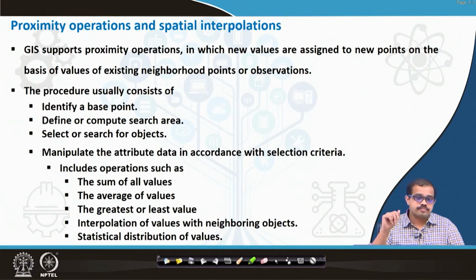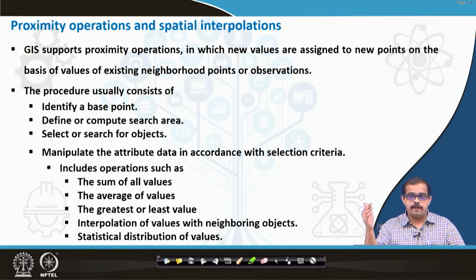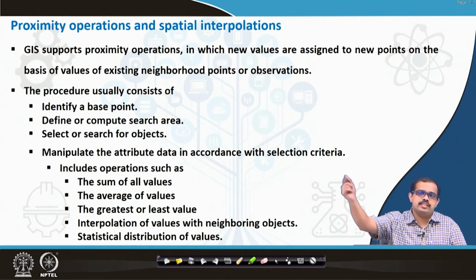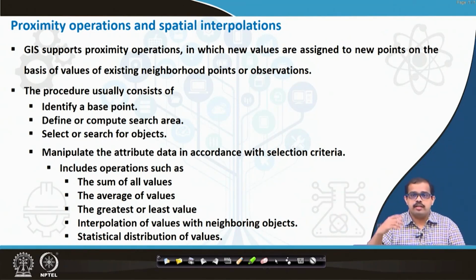So, it may be useful in various kinds of analysis. For example, someone is trying to relate the vegetation with rainfall or different kinds of vegetation with rainfall. Okay. It may be evergreen forest, it may be coniferous forest, it may be just an open land. So, if you want to establish a relationship, the first thing that you will do is collect the meteorological stations, then you first interpolate it and find out what is the region.